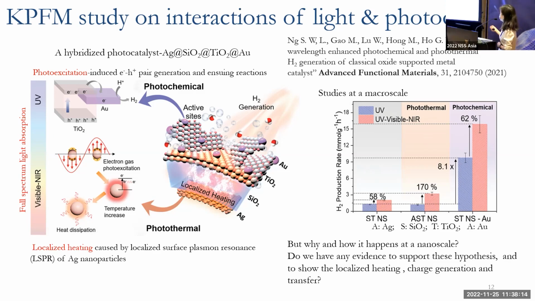Studies at macro scale have demonstrated that this photothermal and photochemical interaction enhances the hydrogen generation. But why, and how does it happen at a nano scale? Do we have any evidence to support this hypothesis and to show the localized heating or the charge generation and charge distribution?